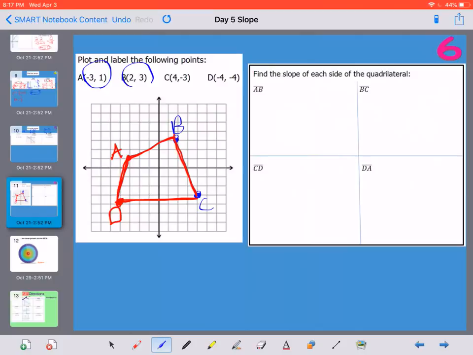So AB, well, our y2 is going to be 3 minus our y1, which is 1. X2 is 2 minus a negative 3 for the x1. Our slope here is 2 over, and then we have two negatives in a row, so make that a plus, so 2 plus 3, 2 over 5.